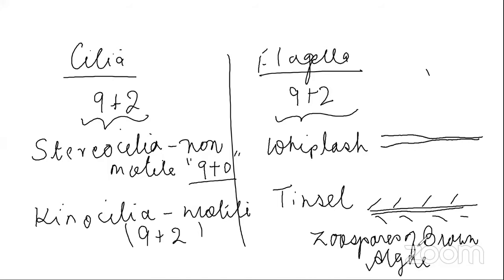All right. So this is all for cilia and flagella. Externally they may be different, and the kind of movement brought about by them would be different. But internally the structure is the same, that wheel kind of structure, with a 9 plus 2 arrangement. But be very careful when they ask you about stereocilia specifically, which has 9 plus 0 because it does not show movement, so the central part is not present, and this is present in sensory structures.